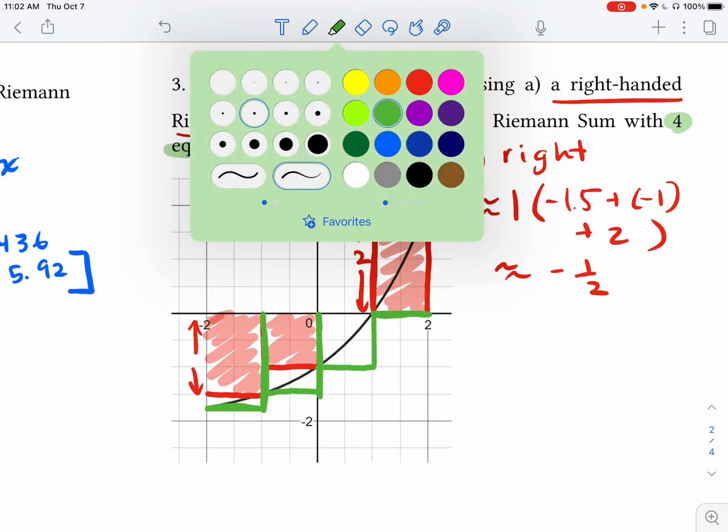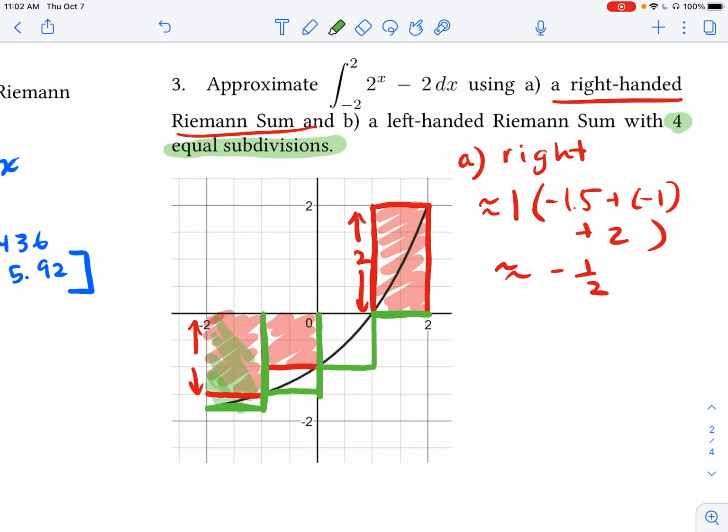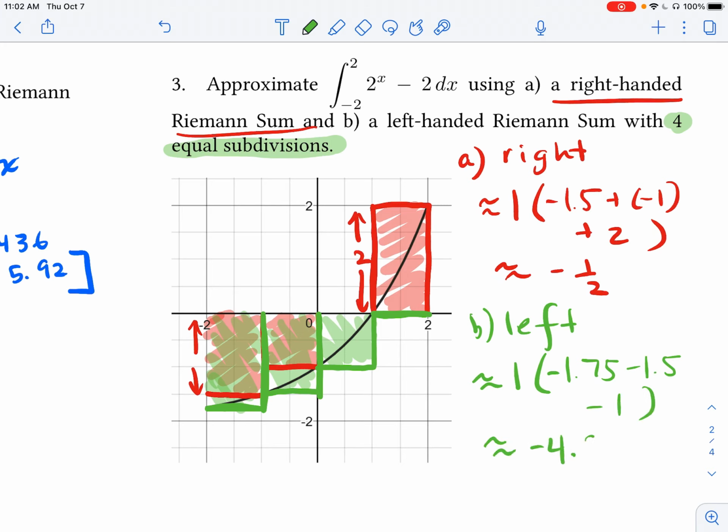So if that's the case, now I can shade these in and set these up. This is my left-handed Riemann sum. So I'll identify that. Each of these also have a width of 1. And for this case, I'm going to go negative 1.75 minus 1.5 minus 1. And this area comes out to be negative 4.25 units squared.